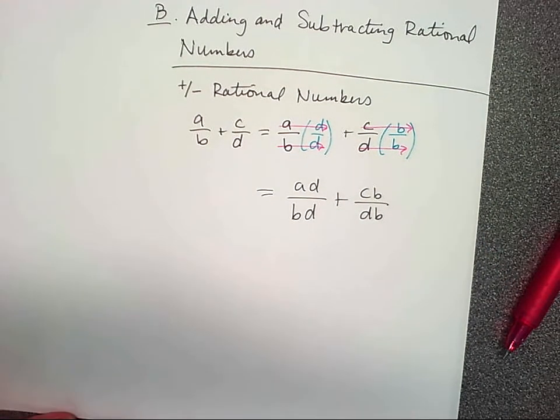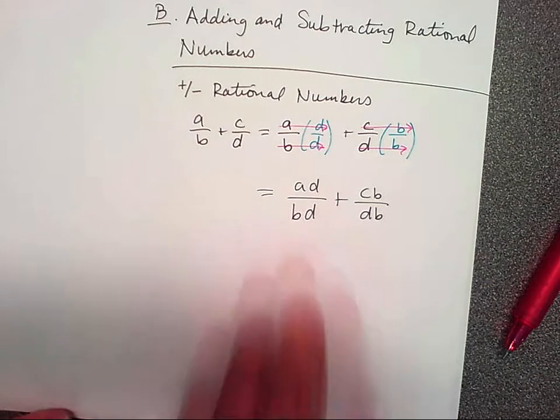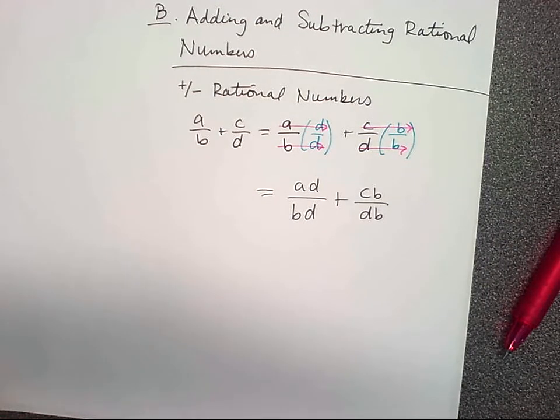Then once I have the common denominator, what do I do? Don't you add the numerators and then simplify? Add the numerators. What happens to the denominator? Do I add the denominator? What do I do?